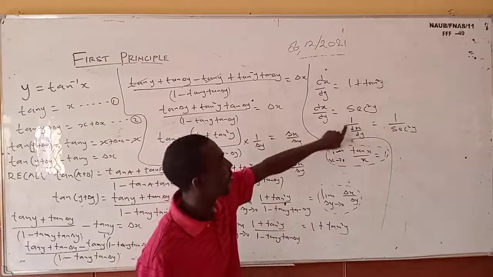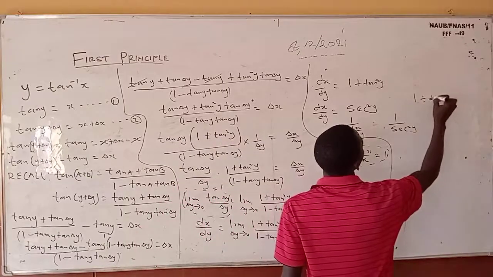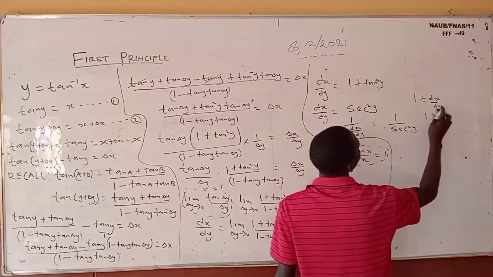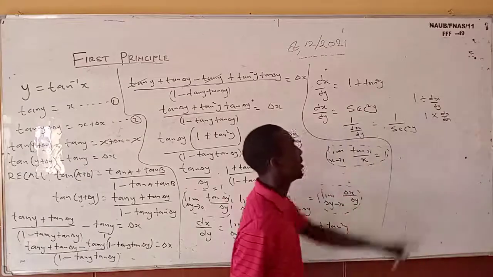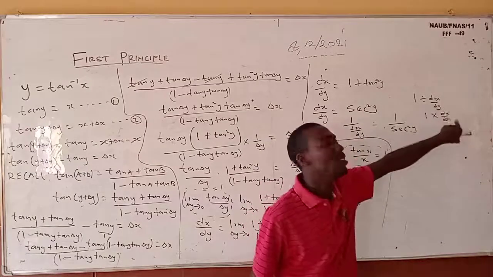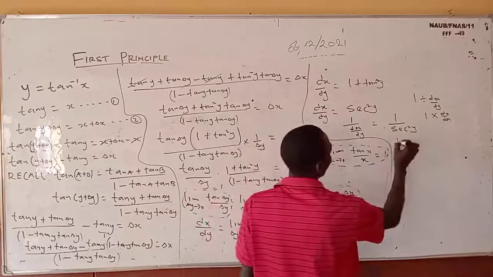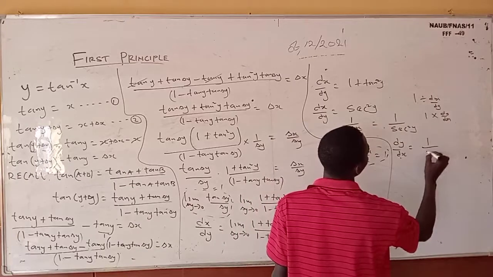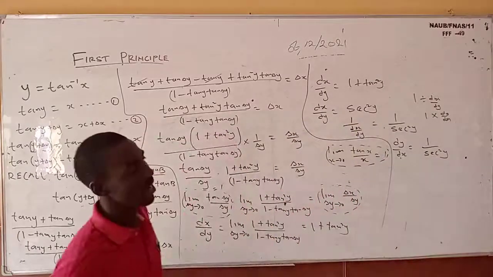And 1 divided by ds over dy is still the same thing as 1 times this one will go up, this will come down. So you get that. And 1 times this is equal to dy over ds. So 1 divided by this is dy over ds, which is equal to 1 all over sec square y. Do you get this?